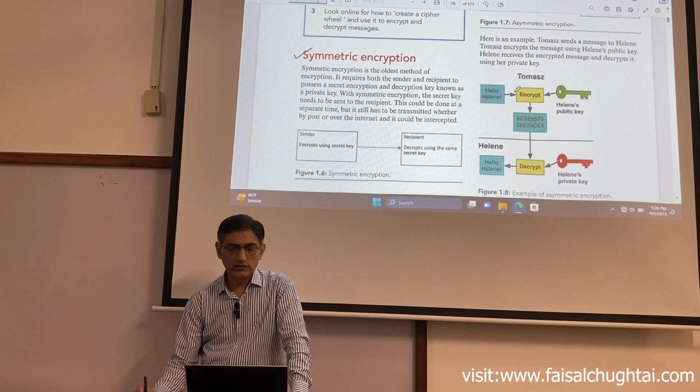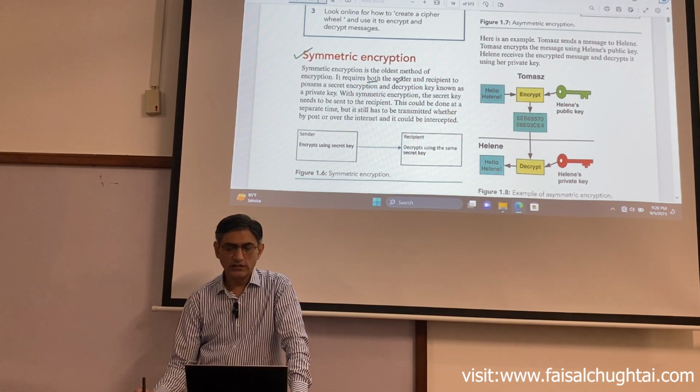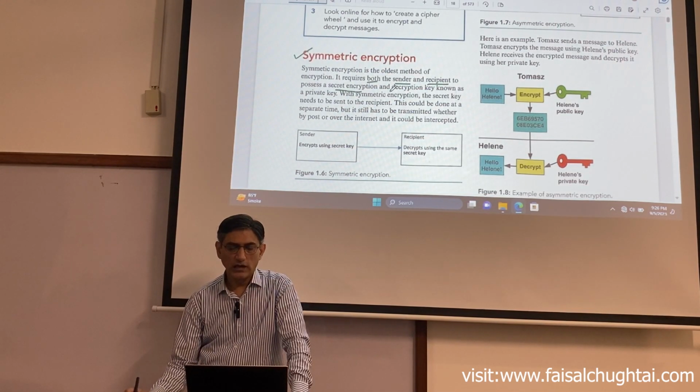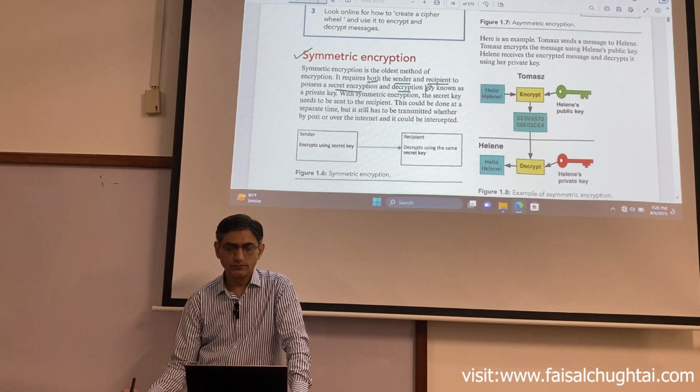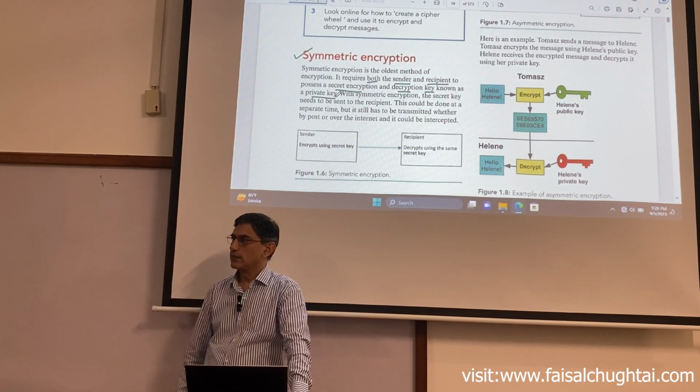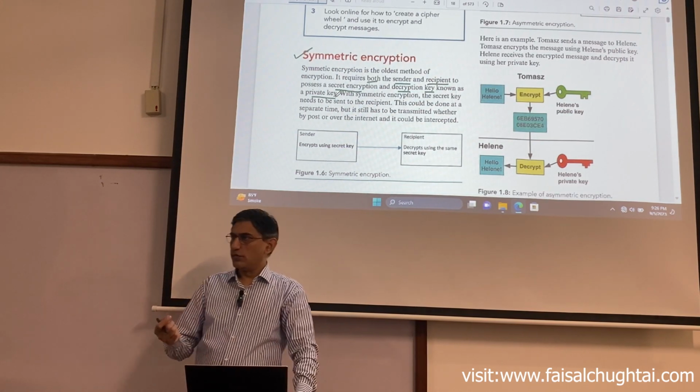It requires both the sender and the recipient to possess a secret encryption and decryption key, known as a private key. What is this key all about?